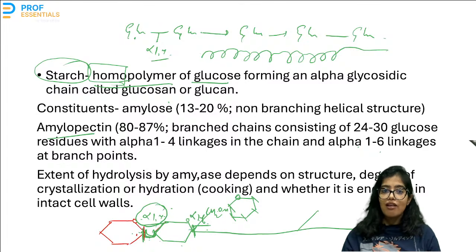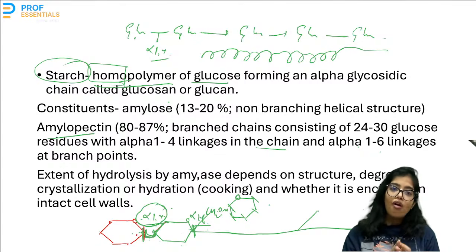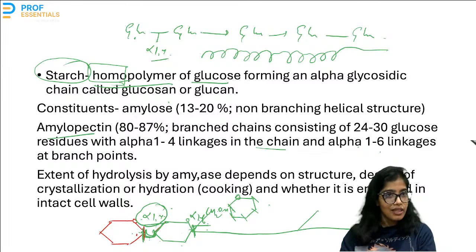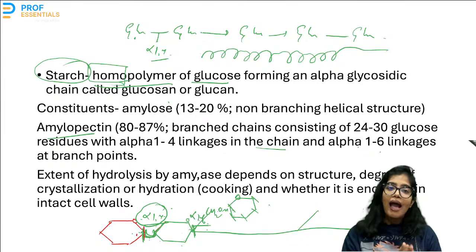That means it has alpha 1,4 straight chain linkages and alpha 1,6 branched chain linkages also. So starch consists of 13 to 20% amylose. Amylose is a straight or non-branching helical structure having alpha 1,4 glycosidic linkages between different glucose molecules. And starch contains 80 to 87% amylopectin.